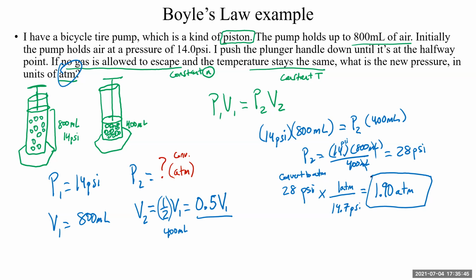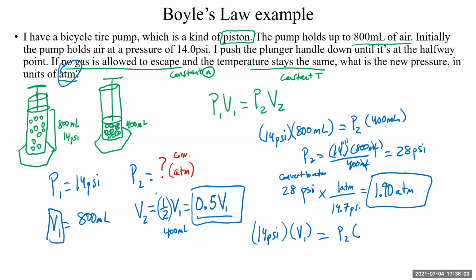The other way we could have done this was we could have said this. We could have said, okay, well, 14 PSI, forget about the 800 milliliters. Let's just call it V1, and we say V2 is simply equal to 1/2 V1. So we say P2 multiplied by 0.5 V1. Well, if we have the same variable on both sides of the equal sign, the V1s will cancel out.